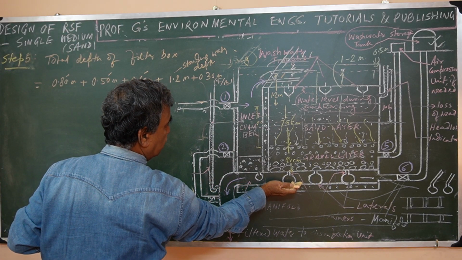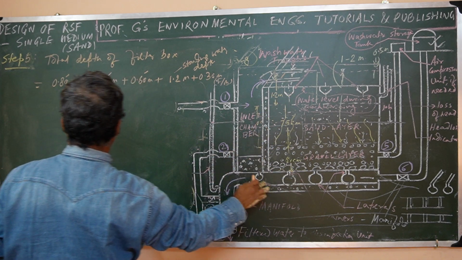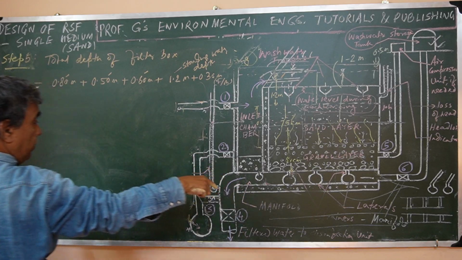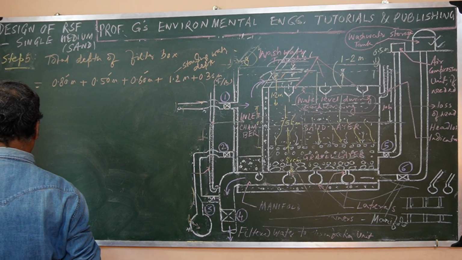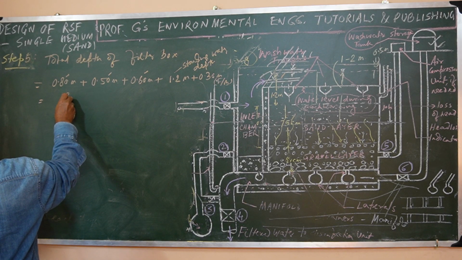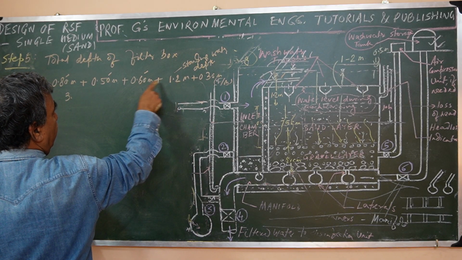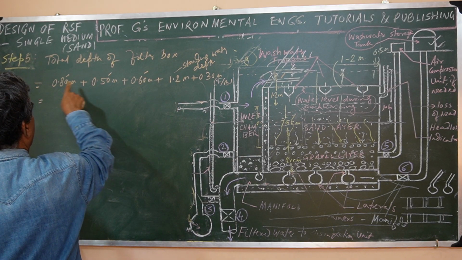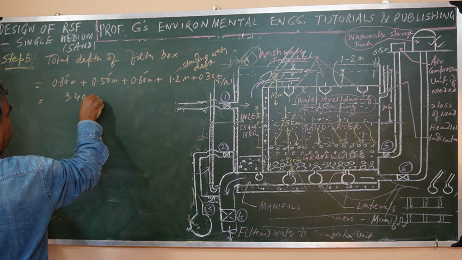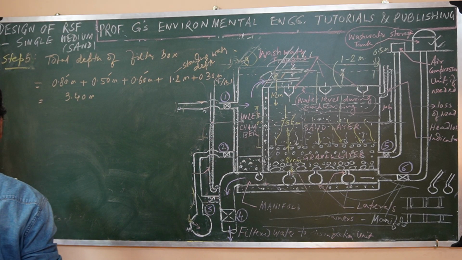So this makes the total depth, up to the bottom of the filter to the floor, 0.3, so 1.5, 2.1, 2.6, so 3.40 meter. That is the overall depth of the filter box, right?